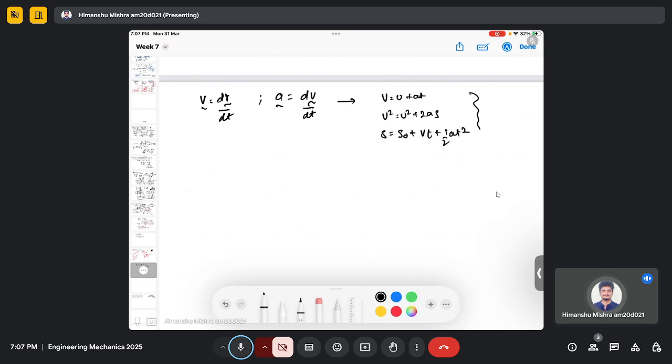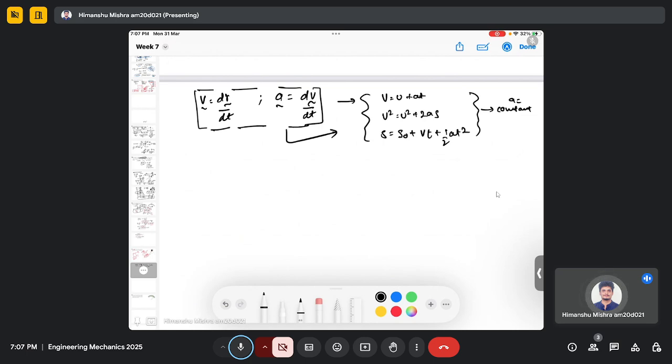These three equations are valid only when the acceleration is constant. If acceleration is not constant, then we have to use this general equation. We can use this general equation for all the cases. For the constant acceleration cases, mostly the problem reduces to this set of three equations.